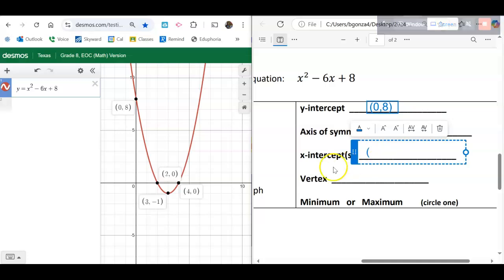Sorry, not 3, -1. This point right here is 2, 0. And then the other one right here is 4, 0.